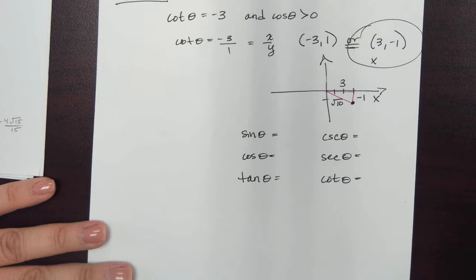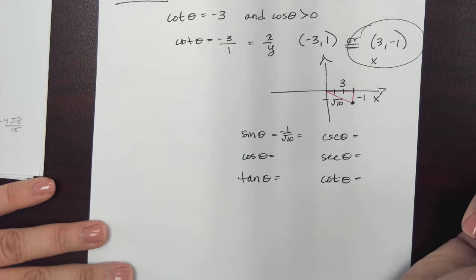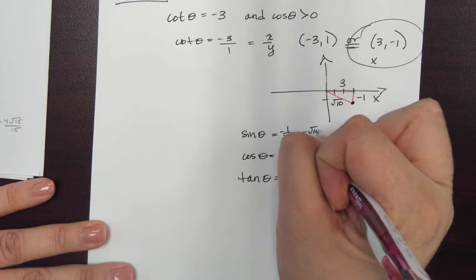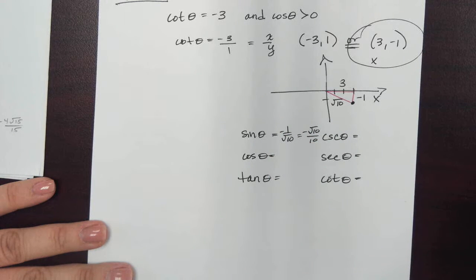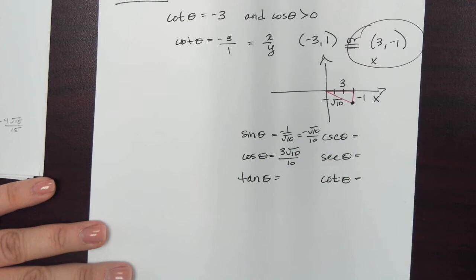What is sine theta equal to? It's -1 over square root 10, so it's equal to negative square root 10 over 10. Cosine theta is what? It's 3 square root 10 over 10.